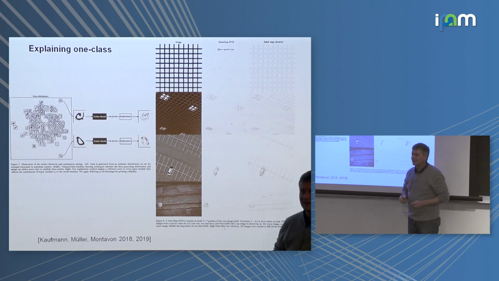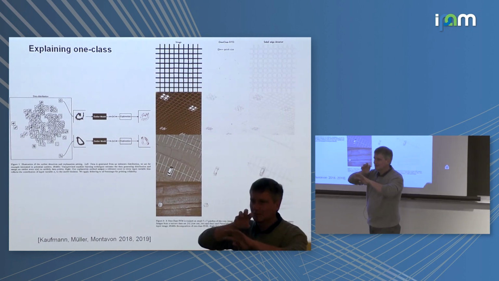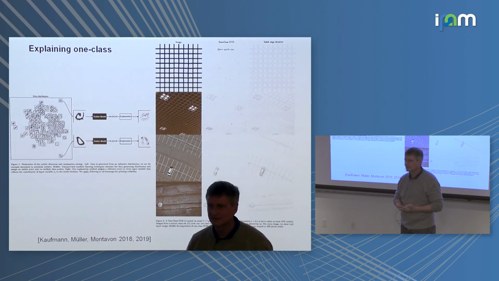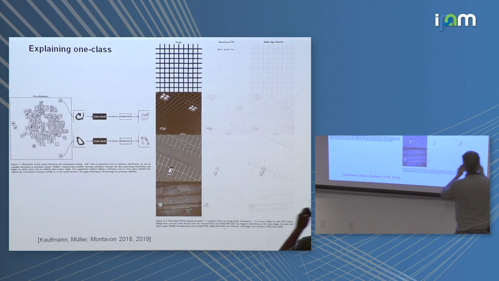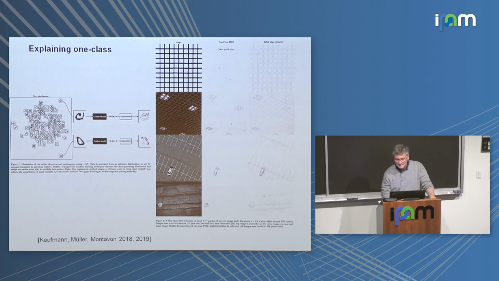So there's an anomaly. The idea is that we take subpatches of this image, then we do anomaly detection, and then we explain it. Then we can draw a heat map, and that's the heat map here, right? So you can see that it's basically the middle part that has changed.